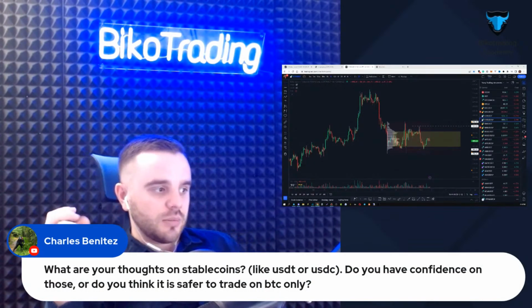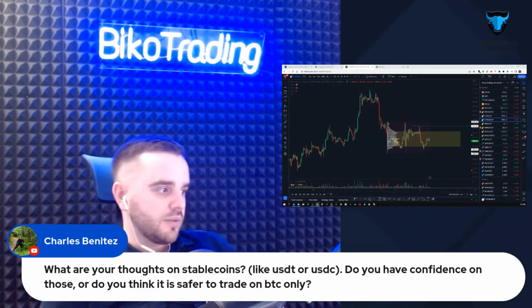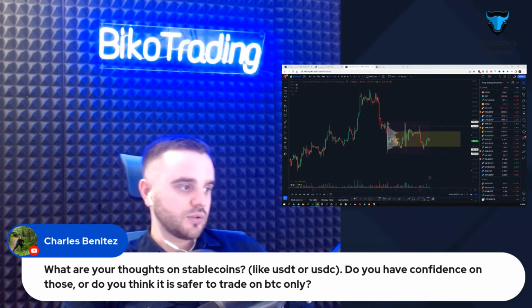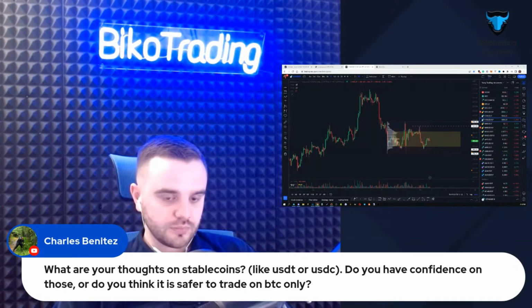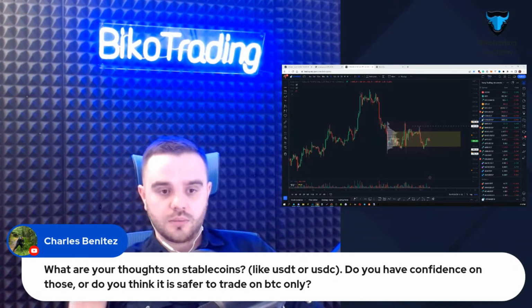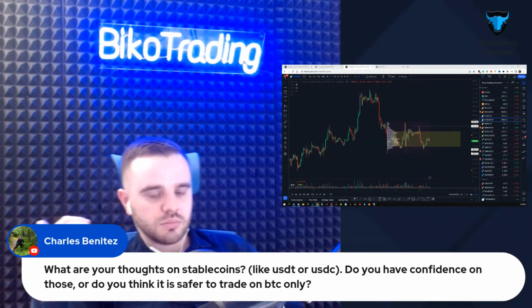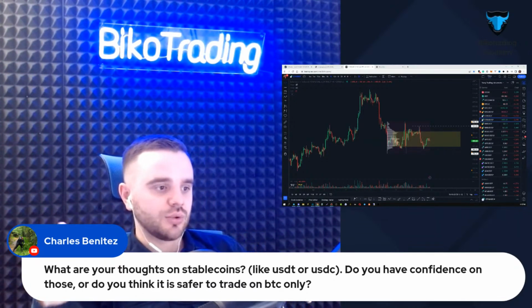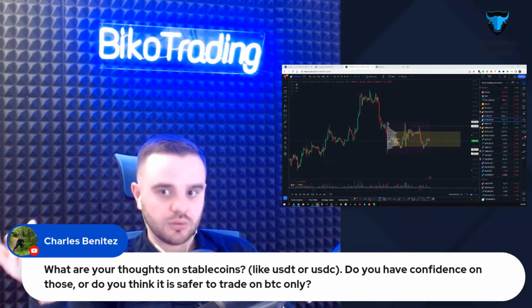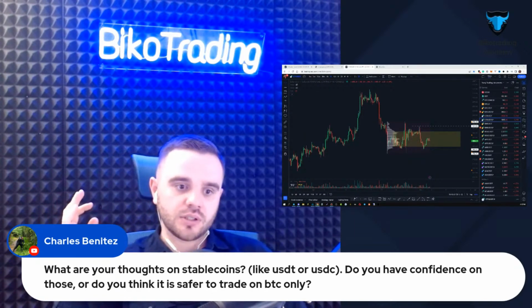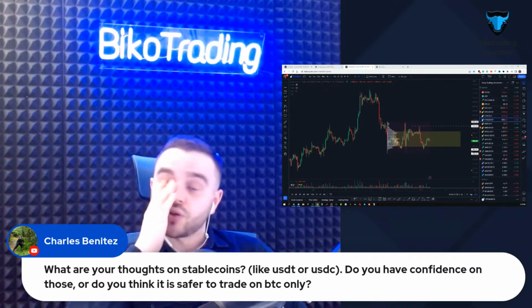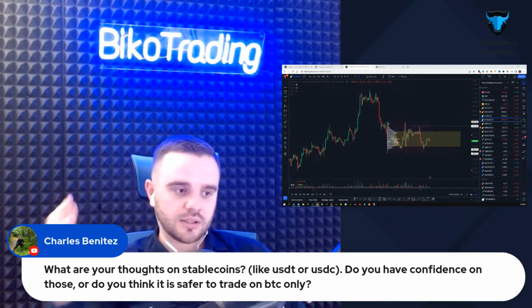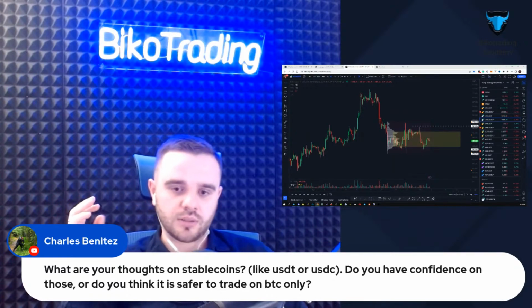What are your thoughts on stablecoins like USDT or USDC? Do you have any confidence in them, or do you prefer to trade only BTC? About stablecoins, what I understand is that theoretically a lot of companies will try to attack them, as they did before. And we know from FTX, that guy tried to hack USDT and spread rumors that they are a really bad company.